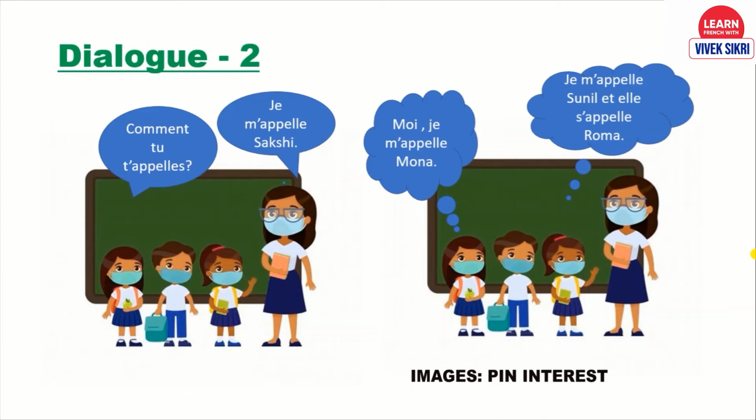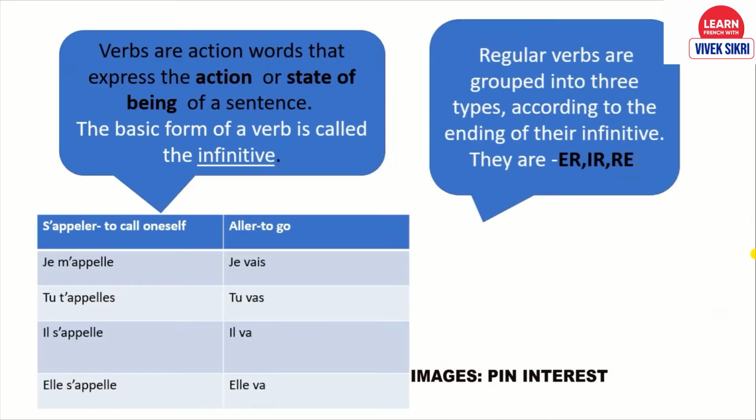So for telling the name, in every sentence, we are using a particular verb, which is the verb s'appeler. Verbs are action words that express the action or state of being of a sentence.